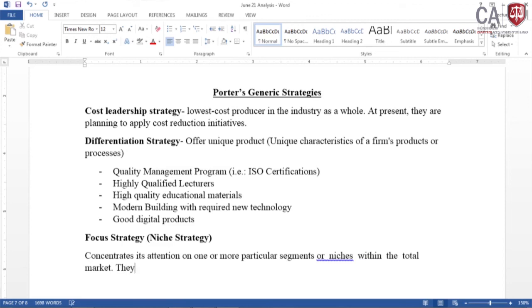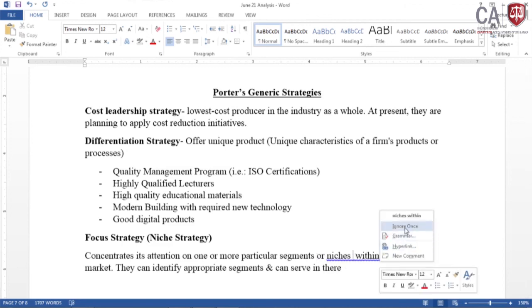So, they can identify appropriate segment, and can serve in there. For example, say maybe like management or IT, like that they can identify segment, right.